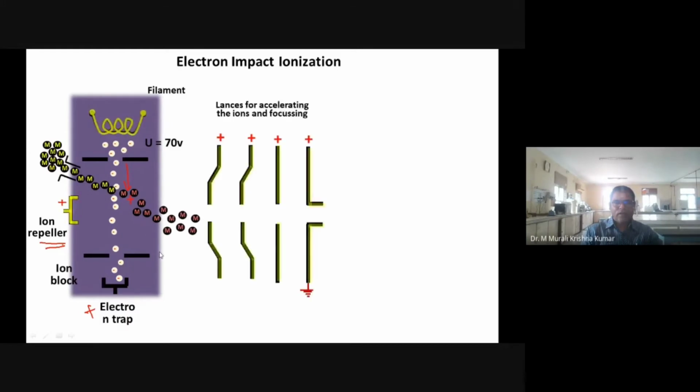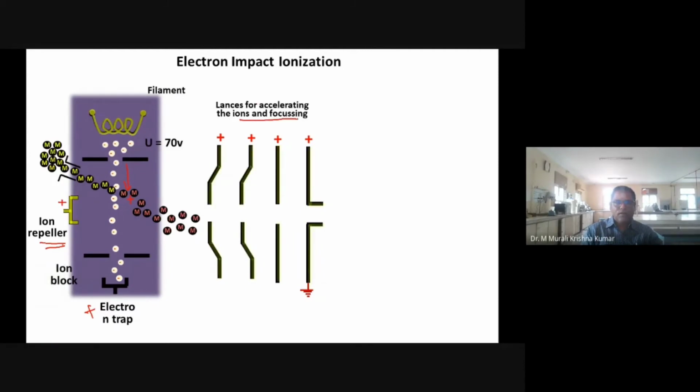They are moving in the other direction. The job of the ion repeller is to facilitate movement of positively charged ions away from the ionization chamber towards the accelerator plates. All these are what we call accelerator plates or ion focusing plates.